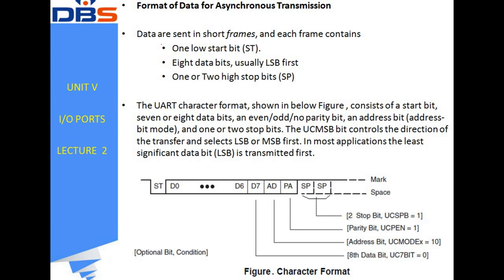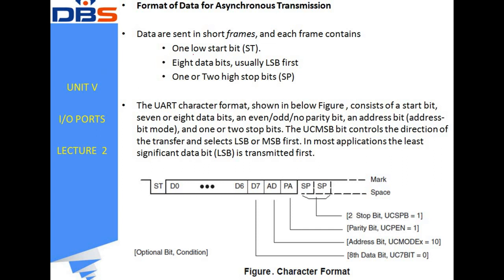Coming to the format of data for asynchronous transmission. Data are sent in short frames, and each frame contains, as I also told you, data of only 8 bits. That means for transmission of data, it should have a start bit as well as a stop bit.